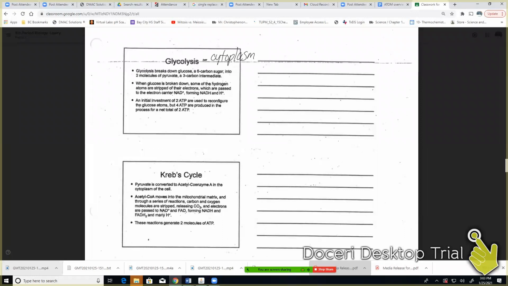And when glucose is broken down, some of the hydrogen atoms are stripped of their electrons, and they end up forming this NADH plus the H plus ion. And we talked about that earlier. That's just going to be an energy carrying molecule. It takes 2 ATP for glycolysis to occur, but then it produces 4. So it has a net total, as we said earlier, of 2 ATP. So overall, glycolysis will produce 2 ATP.